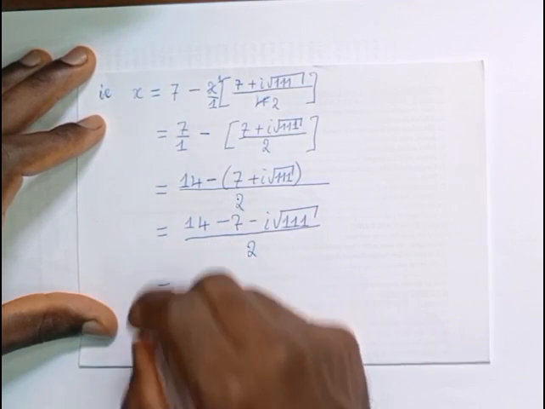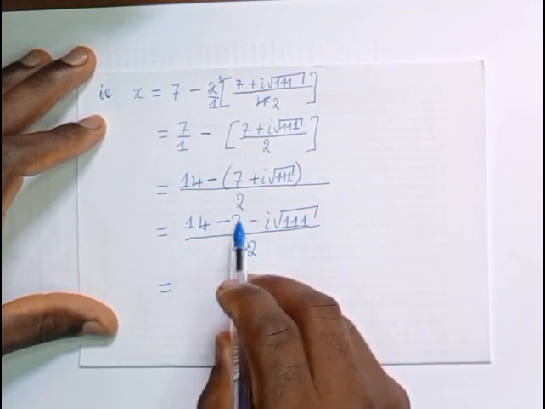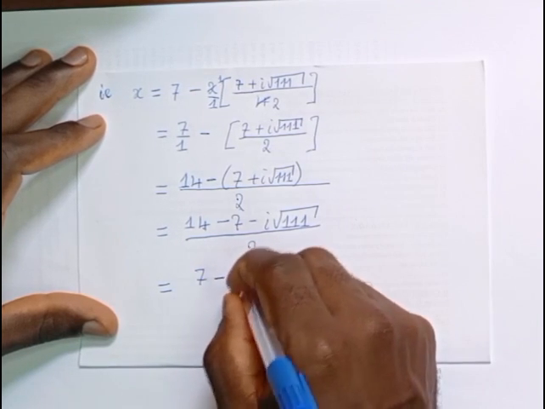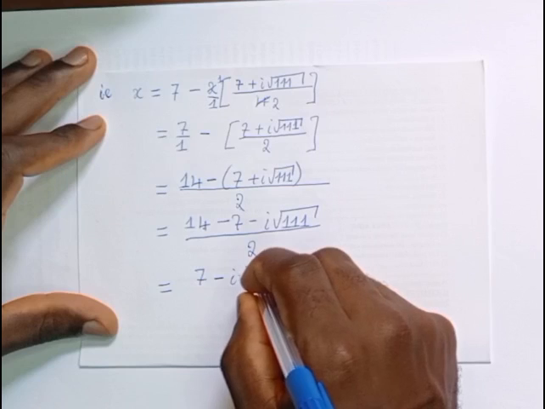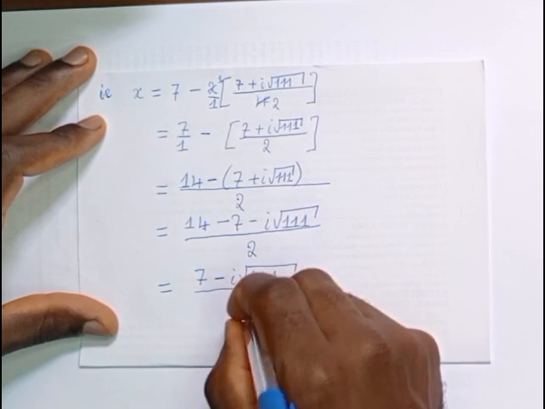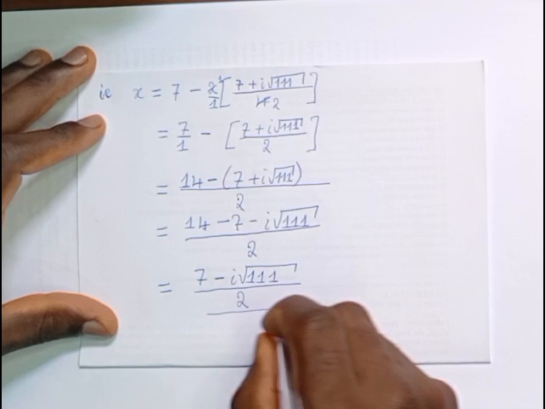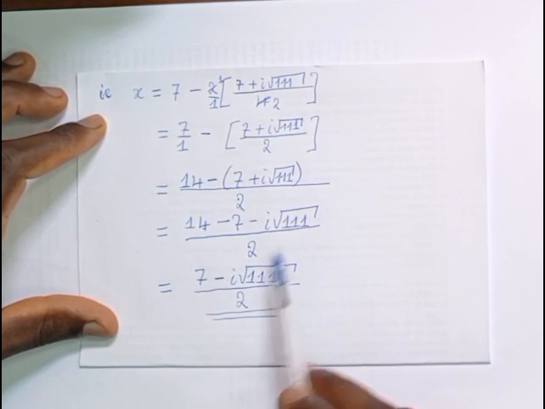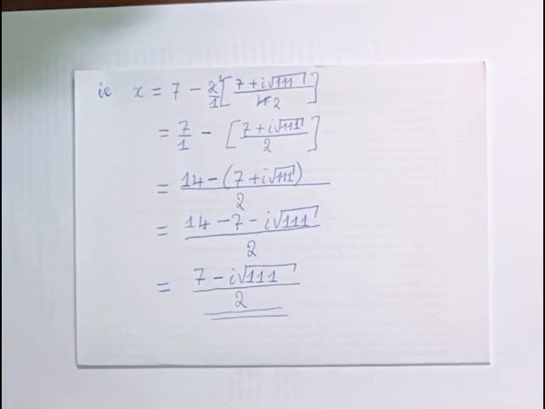And this will simply be equal to 14 minus 7 gives us 7 minus i root 111 all over 2. This is the first value of x. Remember, when subtracting complex numbers, we subtract the real parts separately and we subtract the imaginary parts separately.